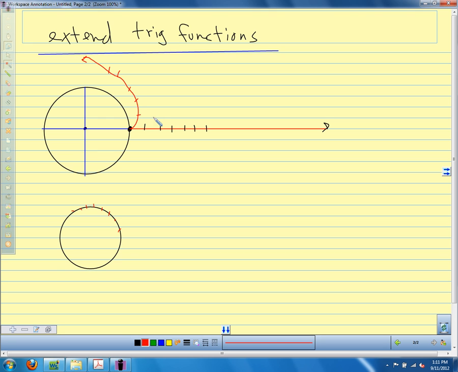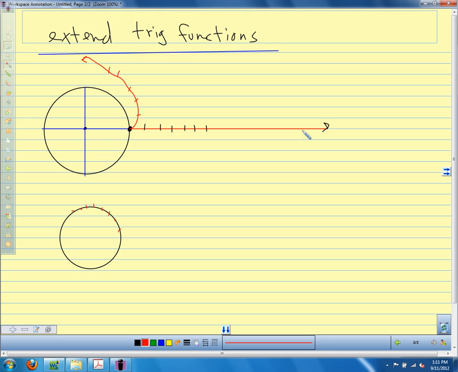So every point on our number line is going to touch some point on our unit circle. So these real numbers aren't necessarily angles. They're just a number. So it lets us think about finding the trig function, sine, cosine, tangent, cosecant, whatever, of just a real number. It doesn't have to be an angle in a triangle.